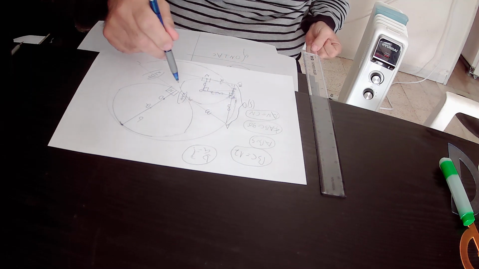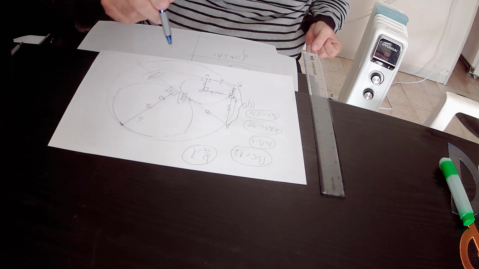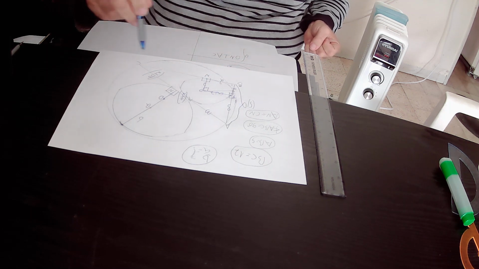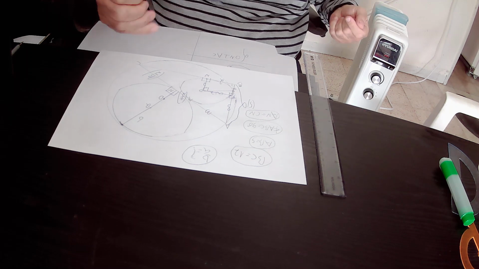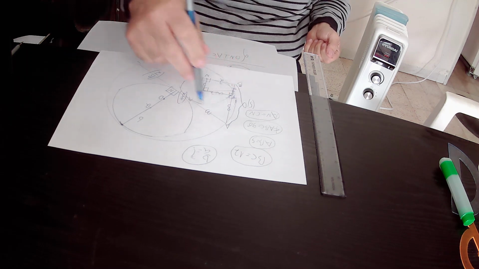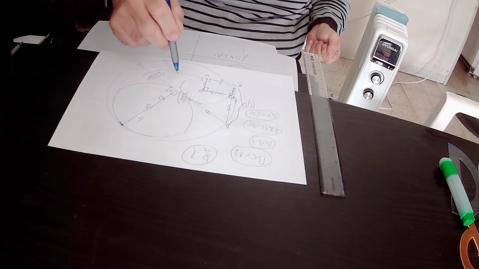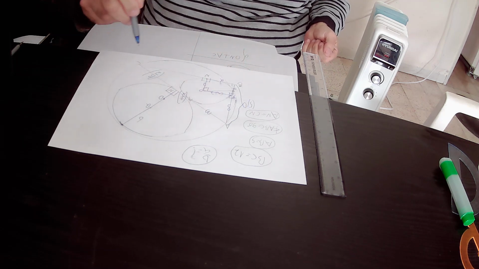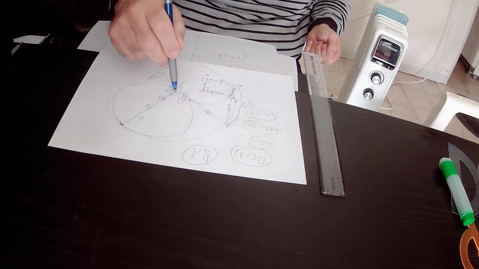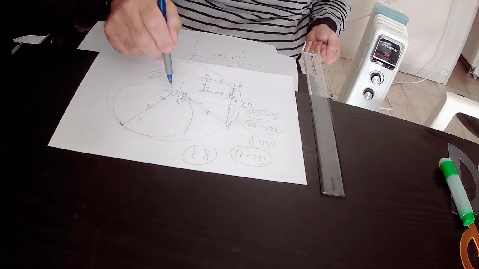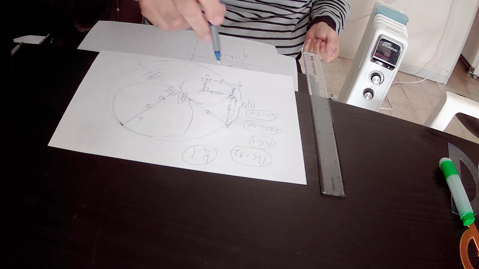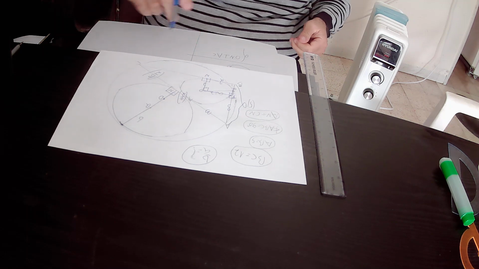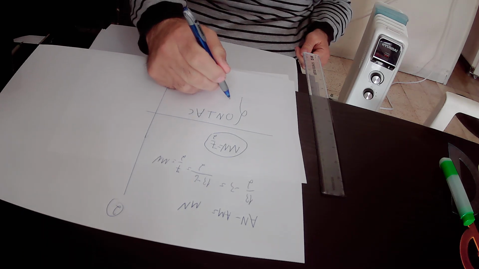The radius QN is drawn to point N, the point of tangency. Whenever you have a radius drawn to the point of tangency, the tangent AC will be perpendicular to the radius NQ, meaning this angle equals 90 degrees and this angle equals 90 degrees. So you can write down that QN is also perpendicular to AC.